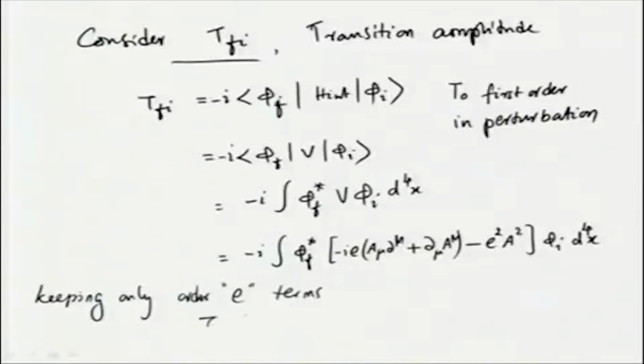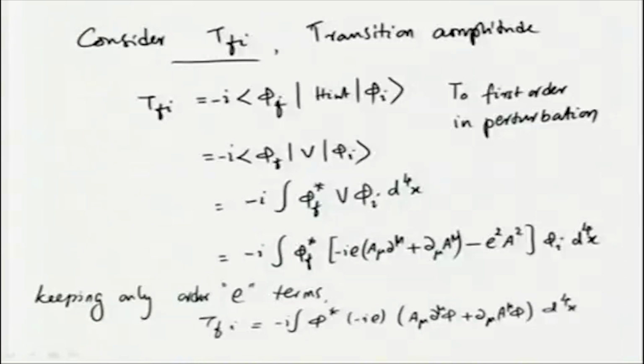T_fi is equal to minus i integral phi star, minus i e (a^mu ∂_mu phi plus ∂_mu a^mu phi) d4x. So, the first phi is the final phi, the second one is the initial phi.